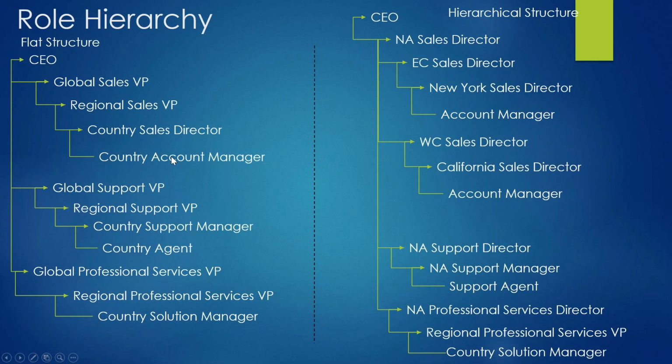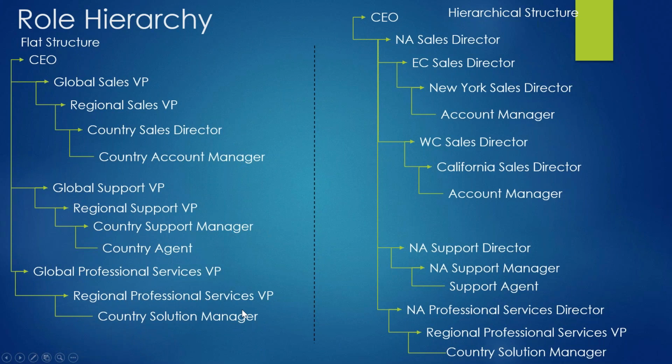Now, coming to the second point, my professional services, who actually deal on the country level, is not owning any account. I need to make sure he is able to see all the cases getting created on that account. In this case, I have to create a sharing rule. So this is the beneficial part.